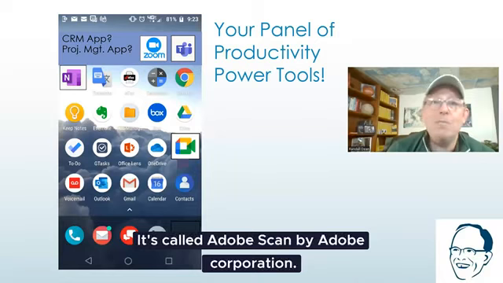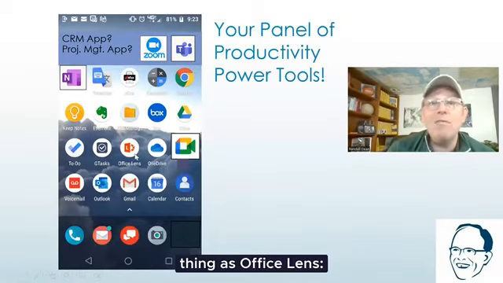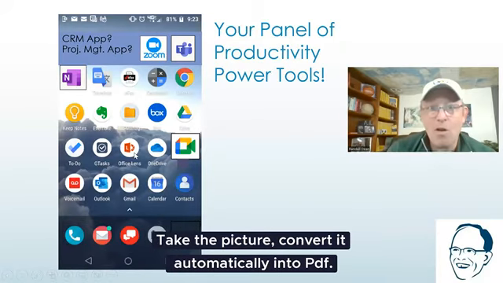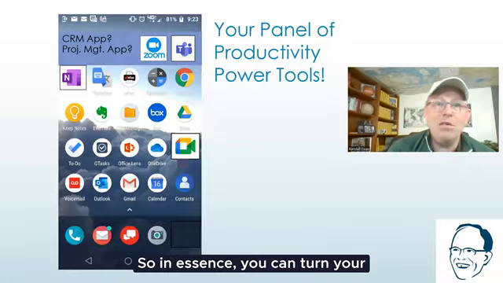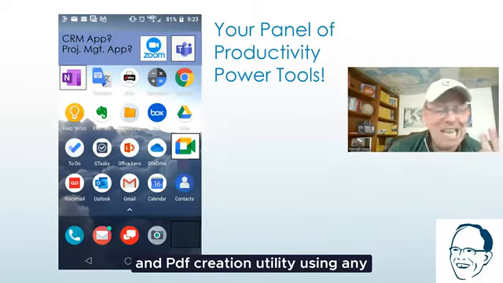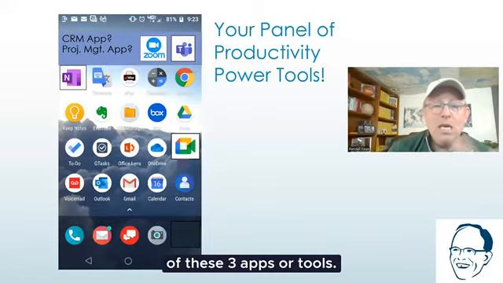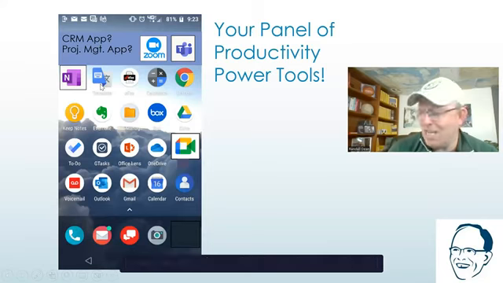It's called Adobe Scan by Adobe Corporation, which does the same basic thing as Office Lens. Take the picture, convert it automatically into PDF. So in essence, you can turn your phone into a real-time scanner and PDF creation utility using any of these three apps or tools.